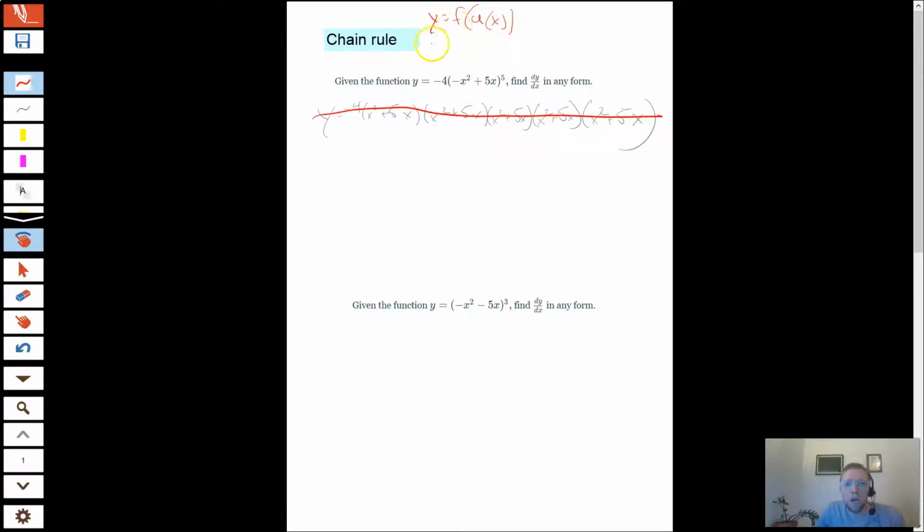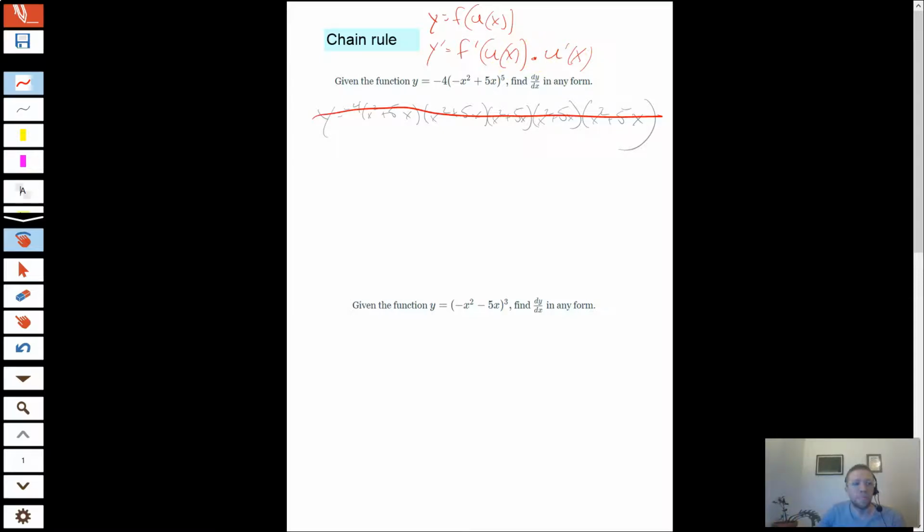Then y prime is equal to f prime of u of x still. So we take the derivative of the outside, and then we multiply it times the derivative of the inside. It's the derivative of the original function, with the inside staying the same, times the derivative of the inside.